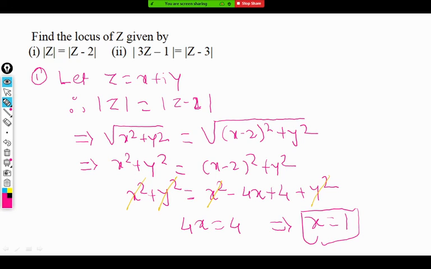Do the second one on your own. Those who completed, do the second, and those who have not completed, write it first.